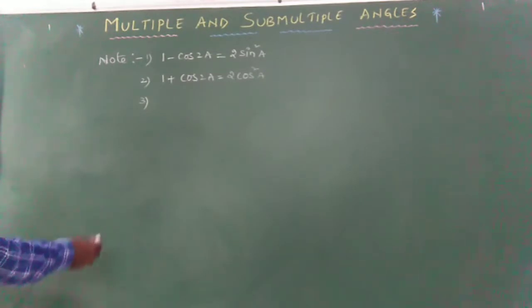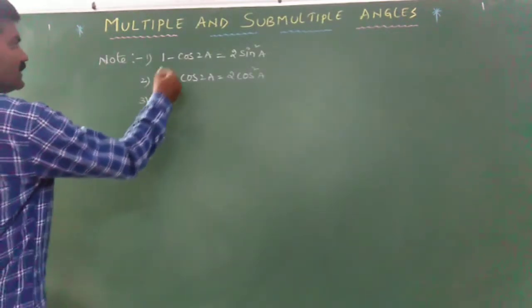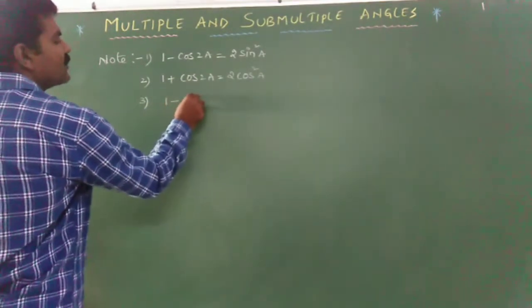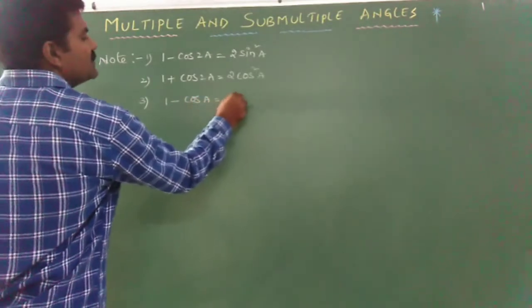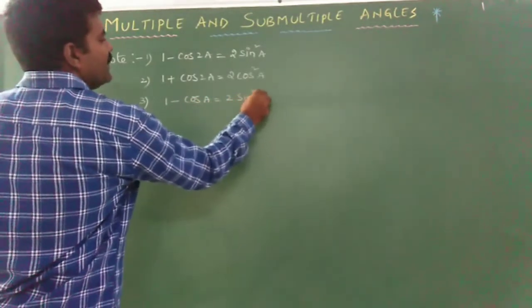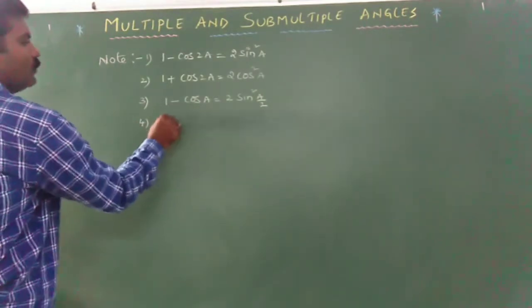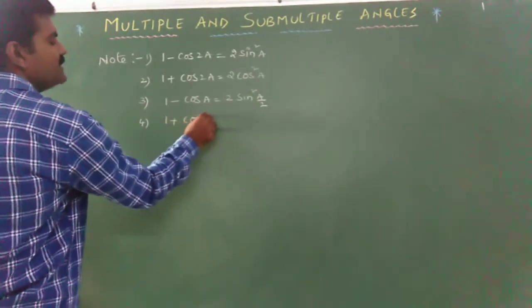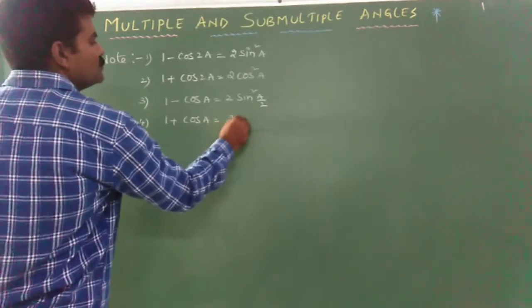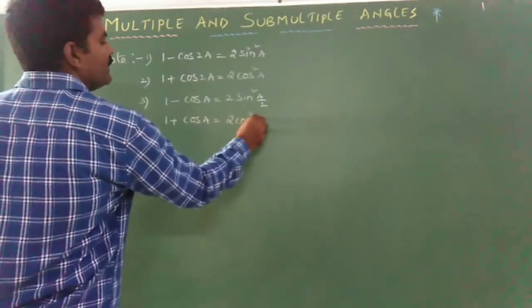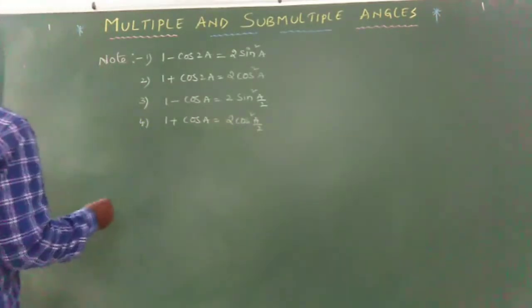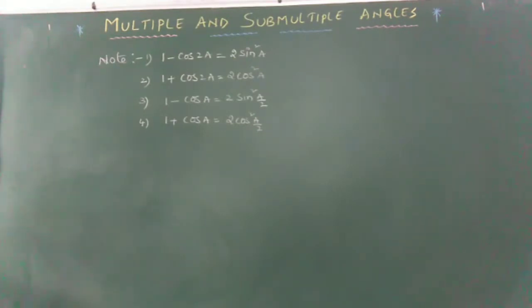And formula number 3, in the same manner, 1 minus cos a is equals to 2 sin square a by 2. And 1 plus cos a is equals to 2 cos square a by 2. Okay, so let us see the proofs of this.